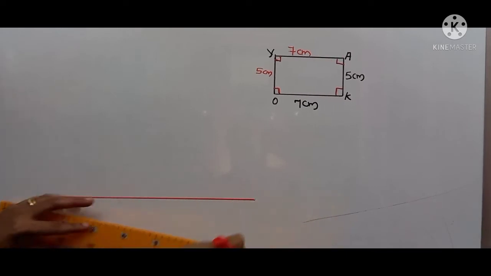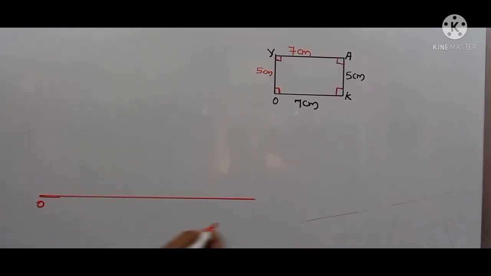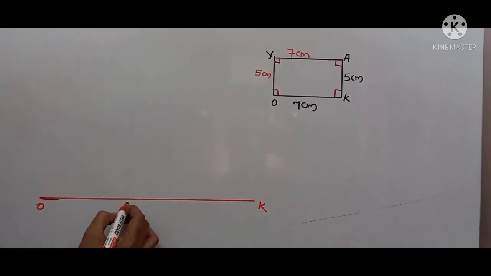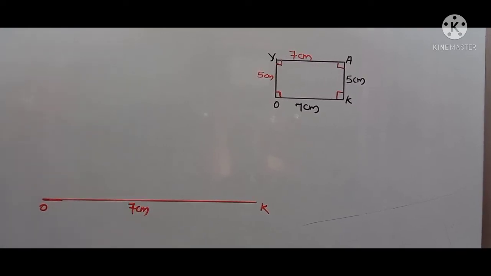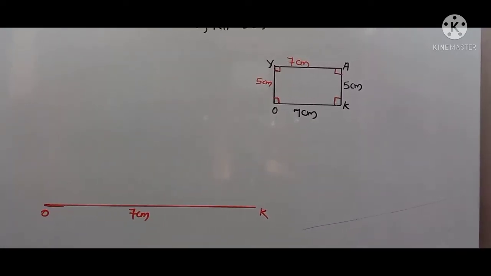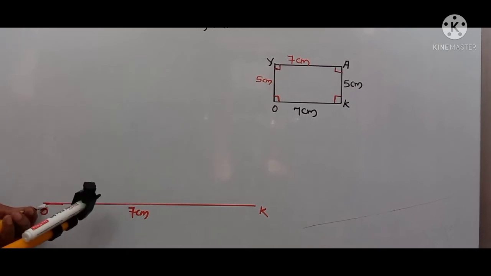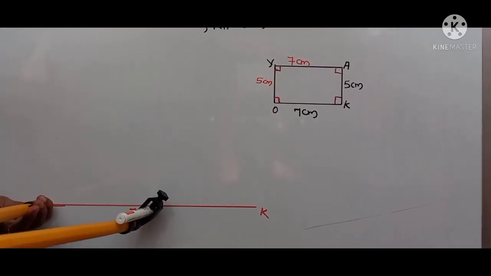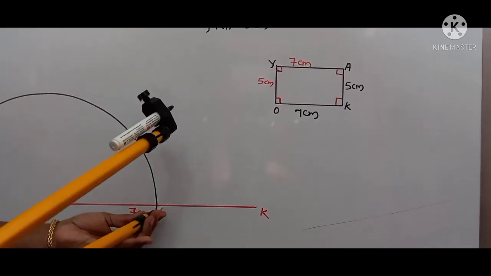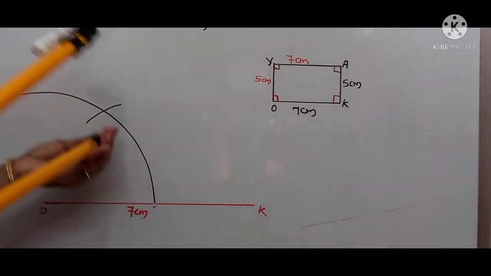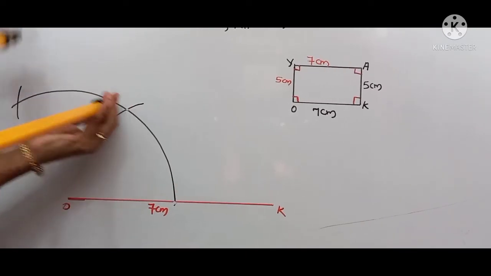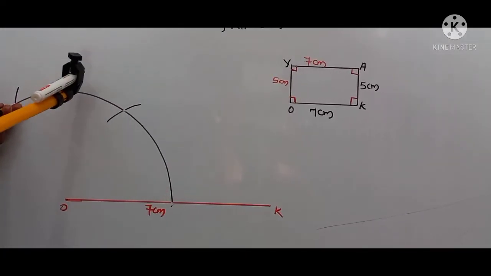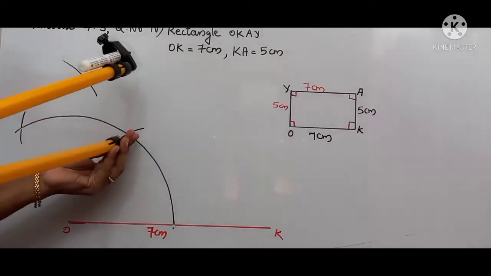We have drawn line segment OK, 7 centimeter. Then we have to construct that 90 degree angle on O. You know how to construct this 90 degree angle by using compass. First we draw 60 degree, 120 degree, then the bisector of these two, we will get that 90 degree angle.